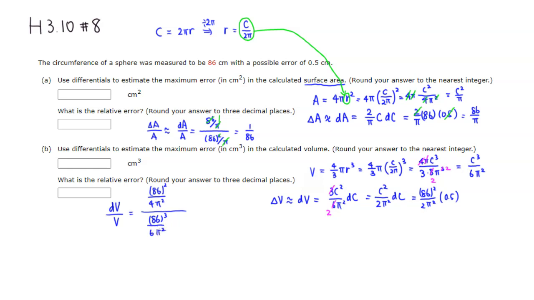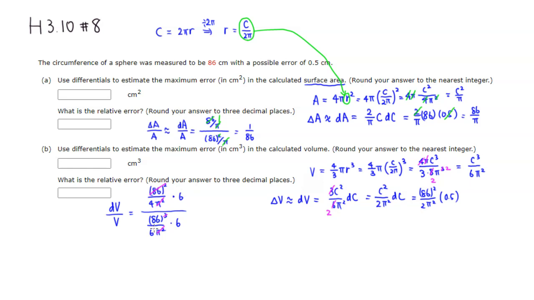So we can simplify quite a bit. So you have here 86 squared cancel with one of them, leaving one of them here. And then pi squared and pi squared cancel out. So I'm going to multiply top and bottom by 6, multiply by 6.